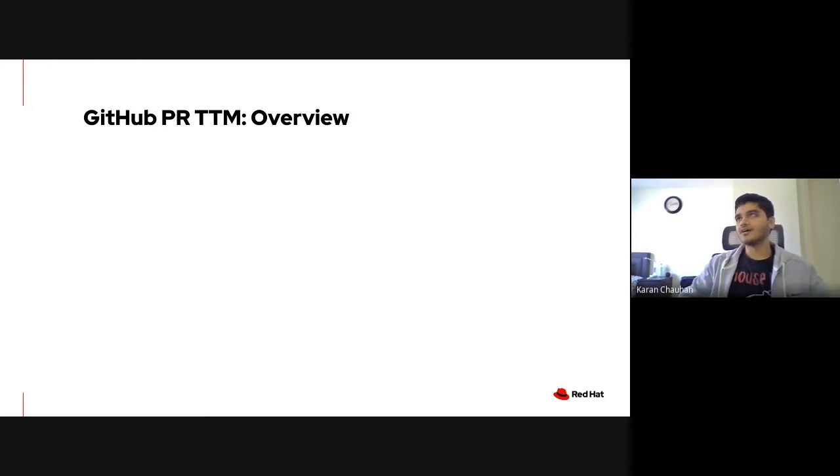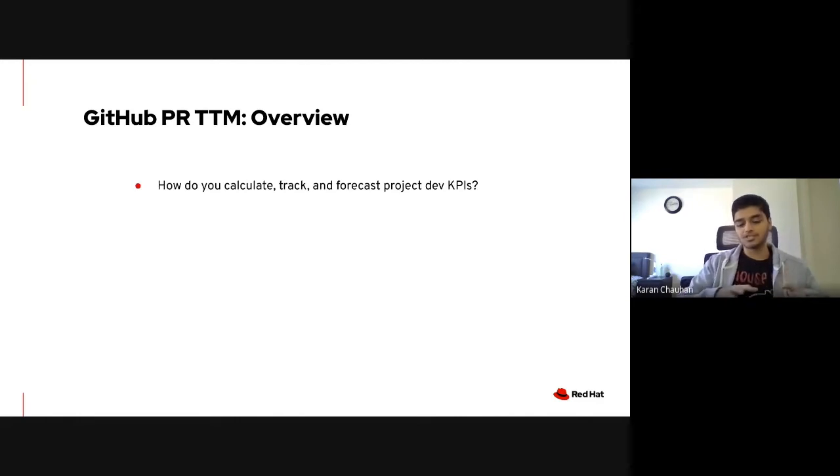So in the next couple of minutes, I want to talk about the GitHub pull request time to merge prediction service. In this sub-project, the wider goals that we're trying to go after were: how do you measure, track and forecast project development KPIs, things like velocity, blockers, idea to production time, and so on?